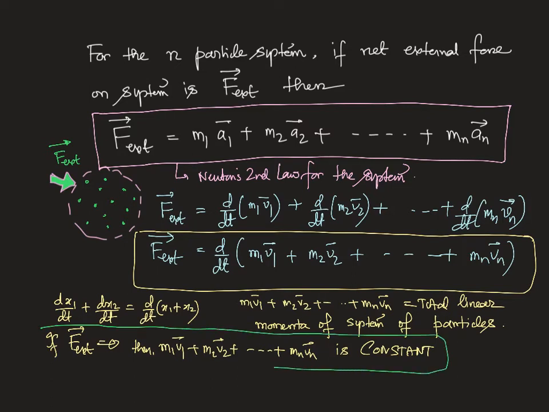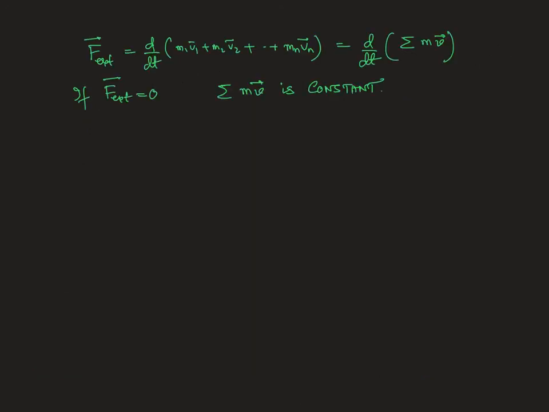We will put it into words. If F ext equals 0, then the summation of the linear momentum of all the particles of the system is conserved. So this is the principle of conservation of linear momentum.